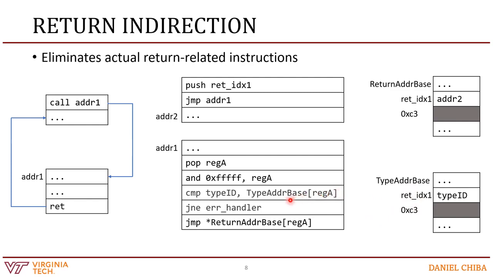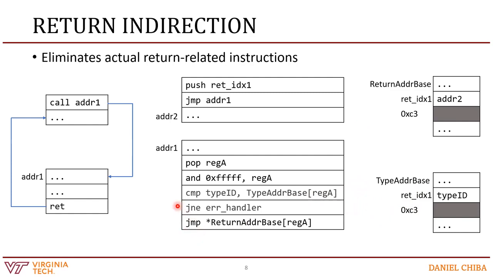And the purpose of that is to make sure that when we return, we are returning to a function with the same type signature as the original callee. This is just an extra kind of check that they've introduced.